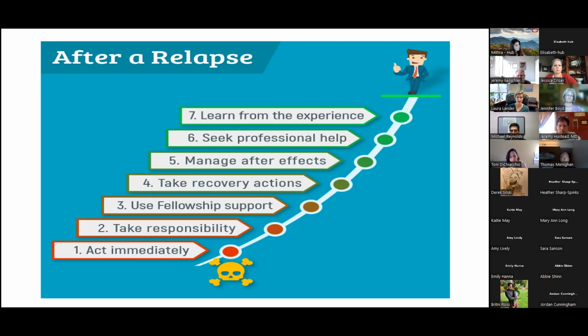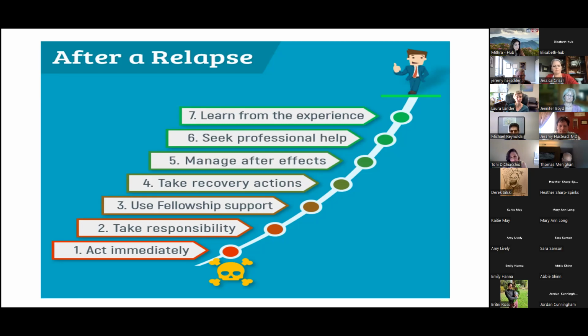What is a recovery action? Sometimes that may be ownership of a behavior that they engaged in while they were using that they regret, or sometimes it may just be being honest. Managing any after effects. I've known far too many people for whom one of the consequences of a relapse was an arrest.